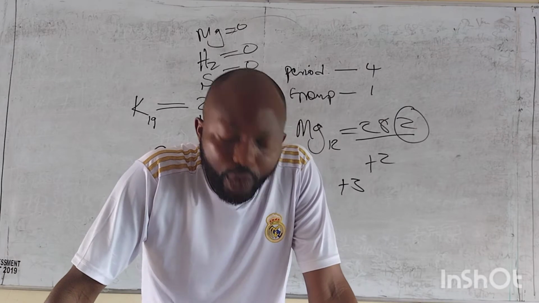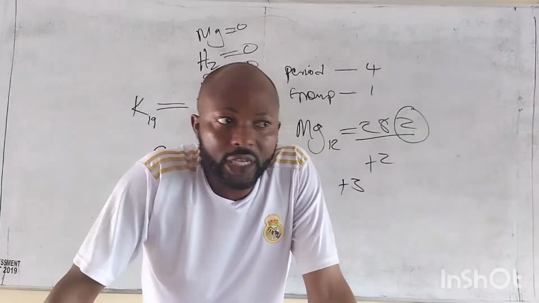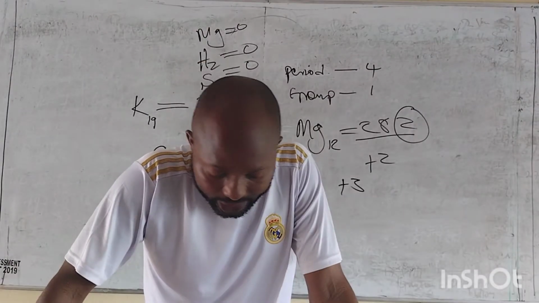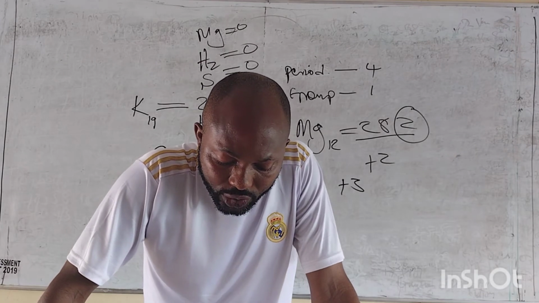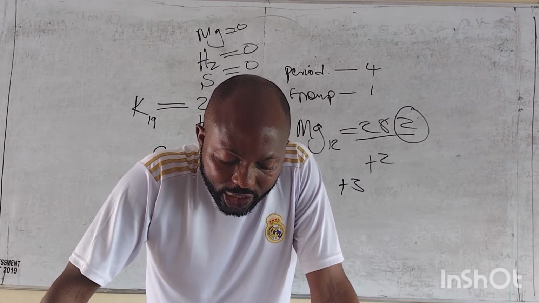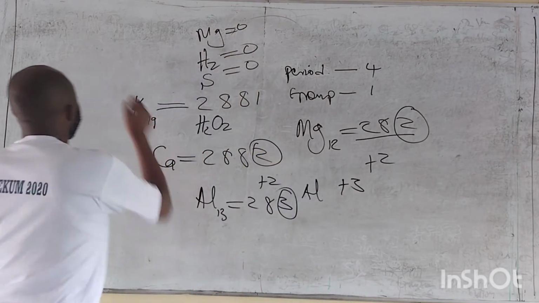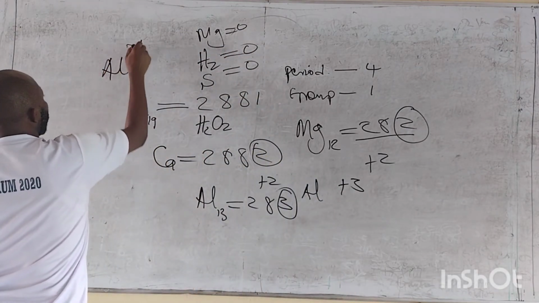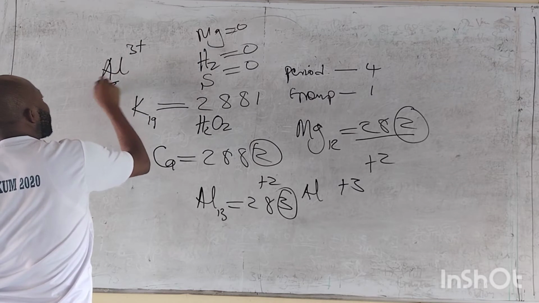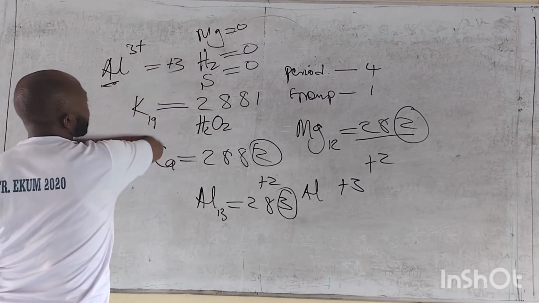Number 3, in simple ions, these are species that have charges in them, the oxidation number is equal to the charge on the ion. So if I have Al3+, the oxidation number of aluminium here is +3.